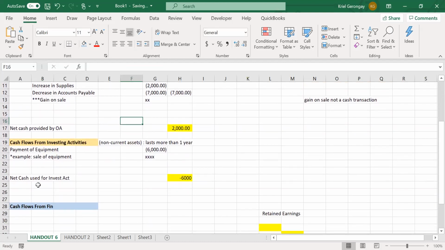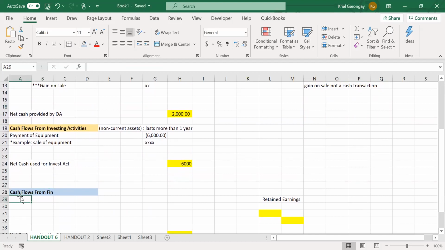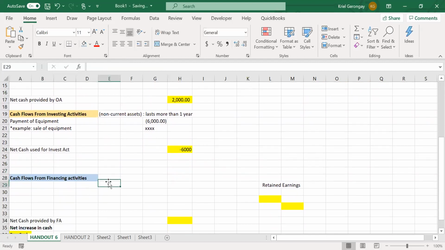So moving on. Here, cash flows from financing activities. For this one, it's best to focus on the liability and equity part of your balance sheet.